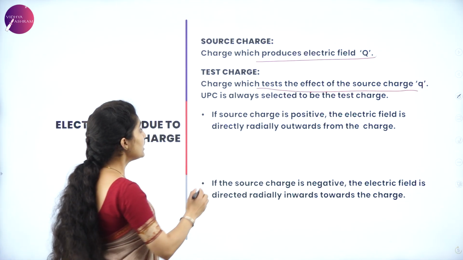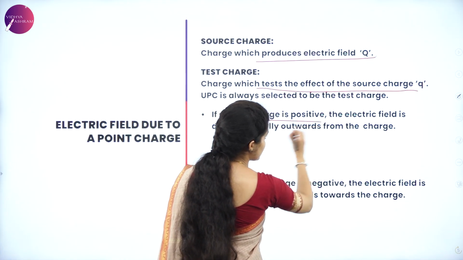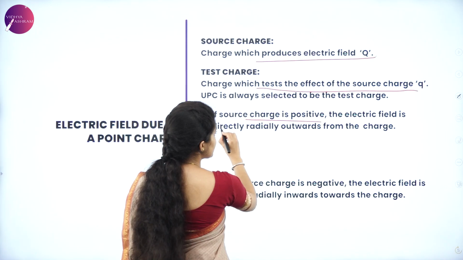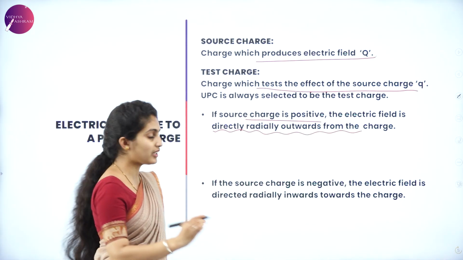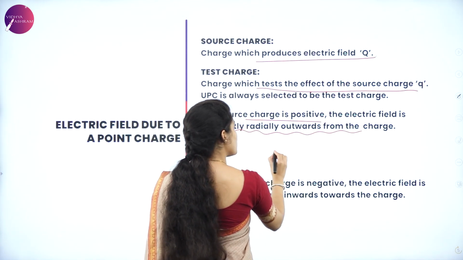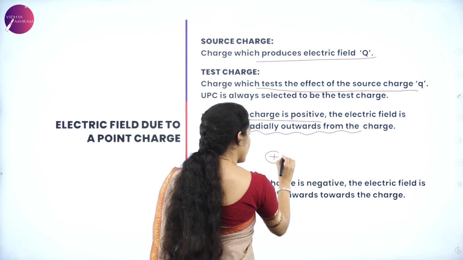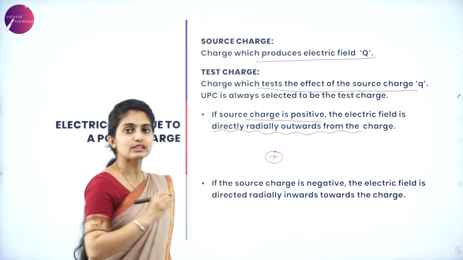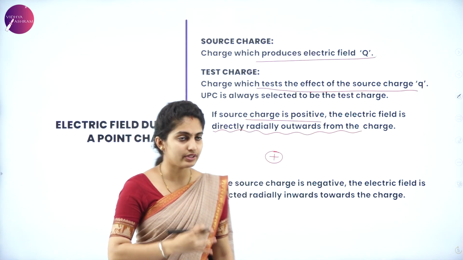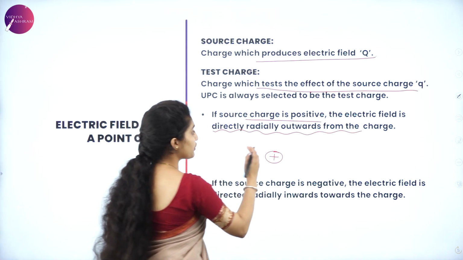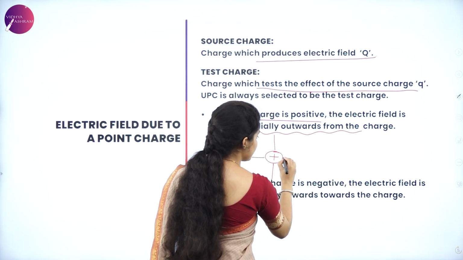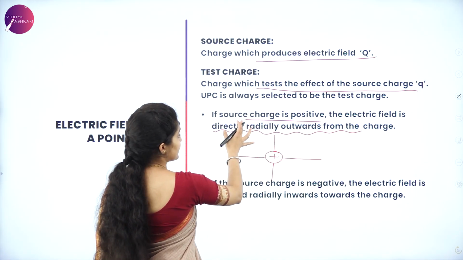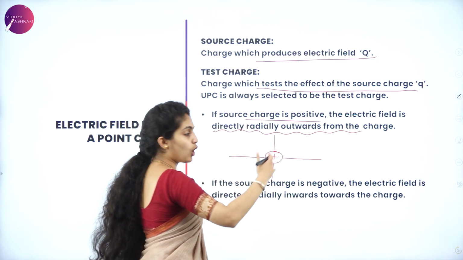If the source charge is positive, the electric field is directed radially outwards from the charge. Suppose your source charge is positive. How are the field lines drawn? Always remember, the electric field is radially outwards.